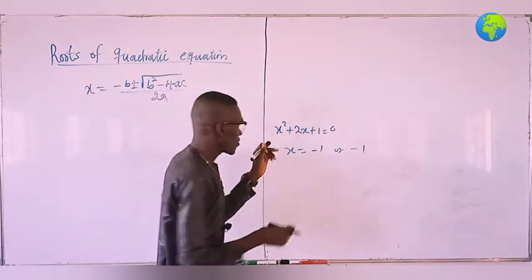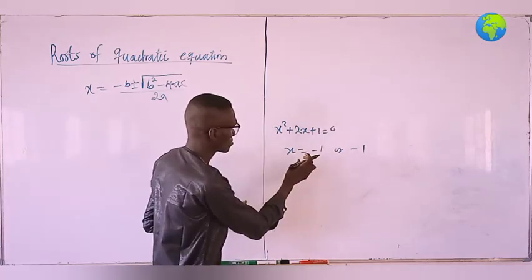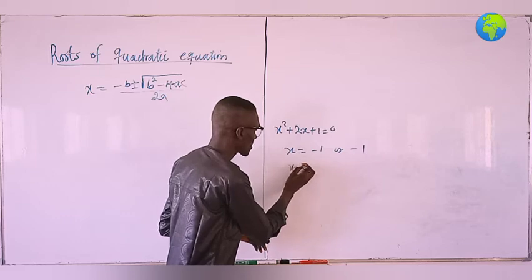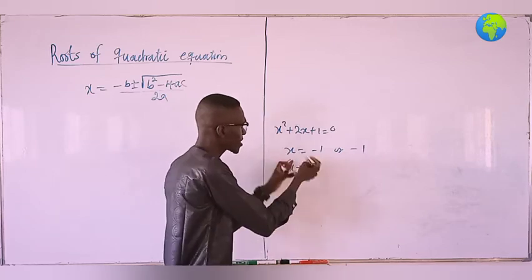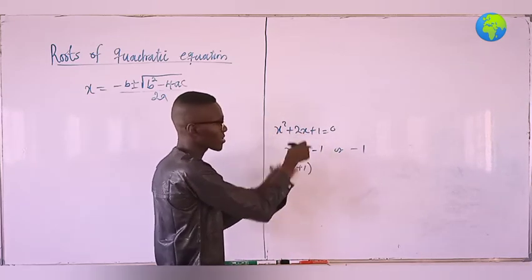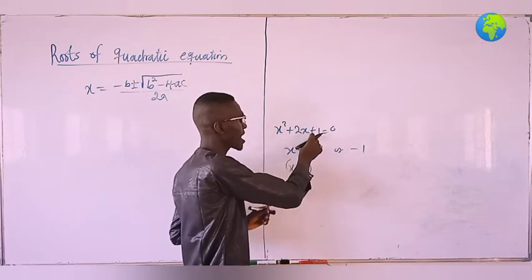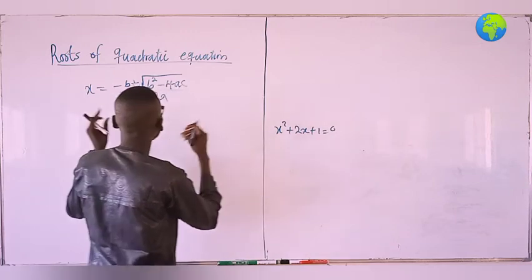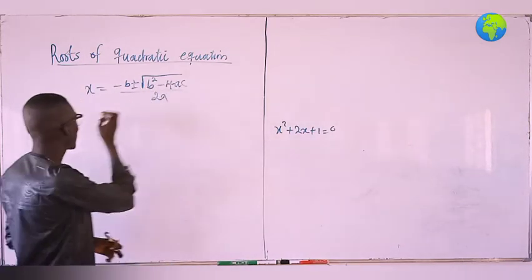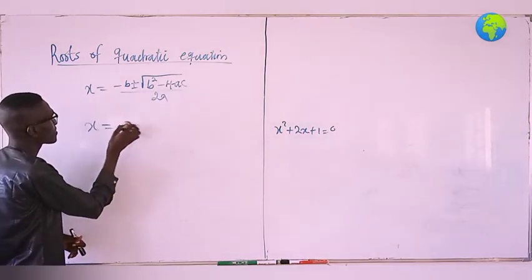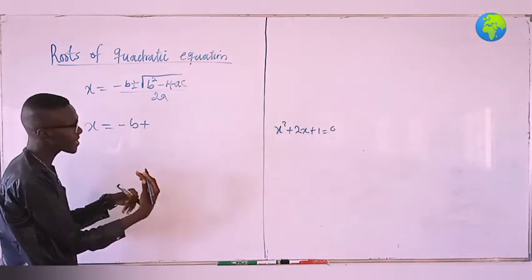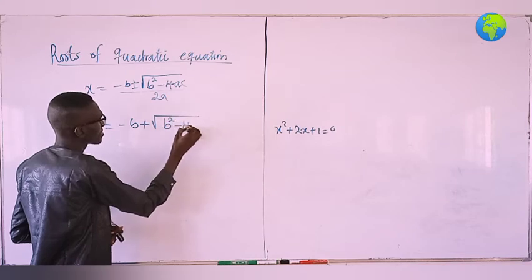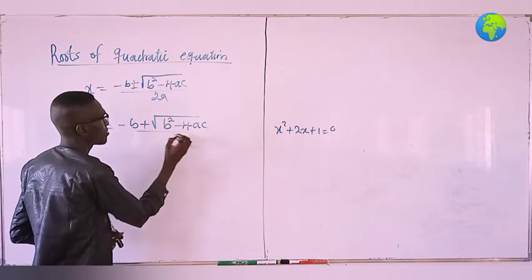Because when we sum, look at something. When we sum the two results, sometimes, when I carry this to the other side, x plus 1, at the end, if I sum the two results, I'll have positive 2. When I multiply, I have 1 on the other side, right? So that means I'm going to have something like this: x equals minus b plus the square root of b squared minus 4ac over 2a, for the first condition.